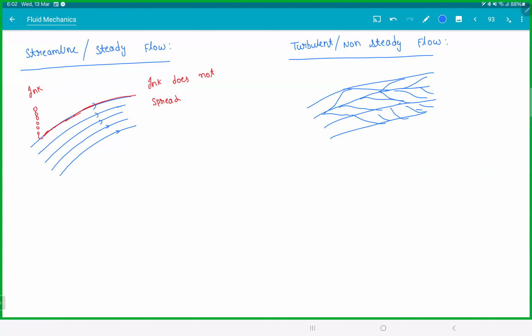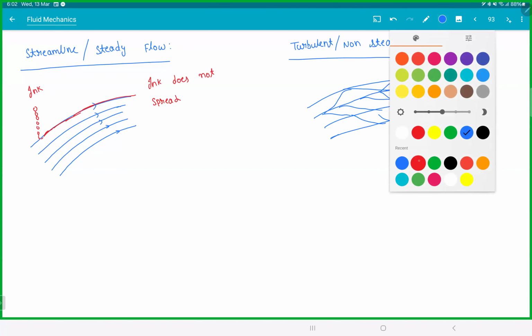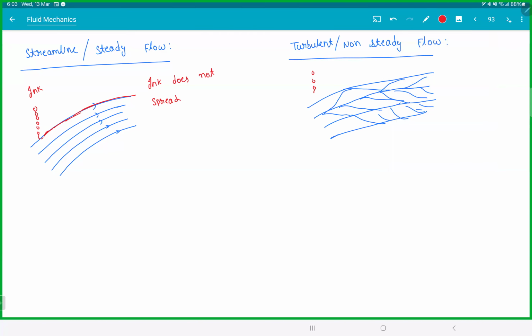Think of Andheri streets or your local car roads. People are just going anywhere, anyhow. On this kind of fluid, if you drop ink, you'll observe that the entire liquid is colored. The whole ink spreads.